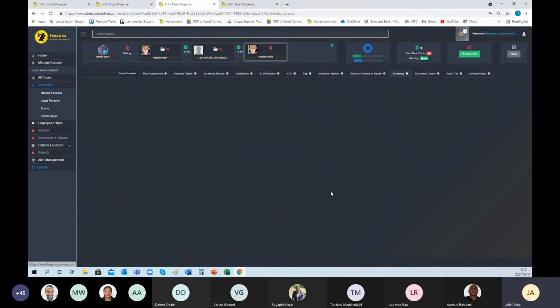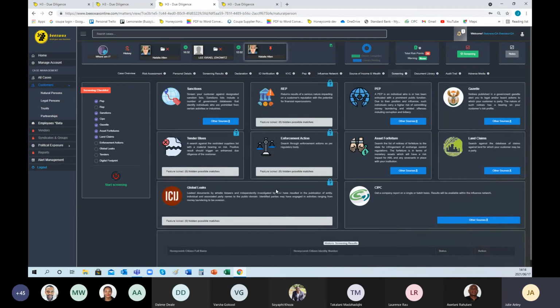My next tab is my interesting tab, which is screening. This allows me to have a look at different sets of data. Now, the different sets of data that we have focus and directly talk to risk and a proactive risk approach. So you'll see a few different tabs or different sets of data, which are not familiar to many, but we have combined them with the common searches like PEP and sanctions and Sub-C.